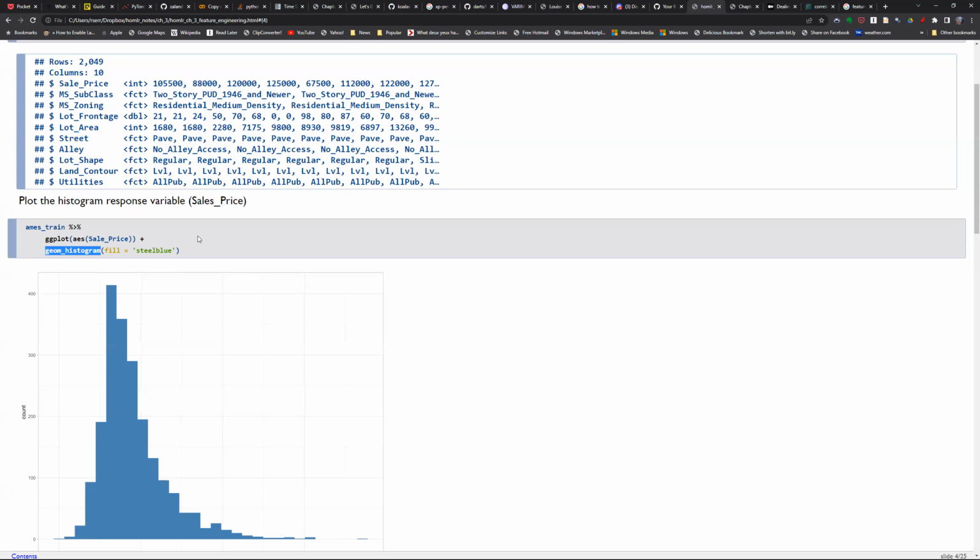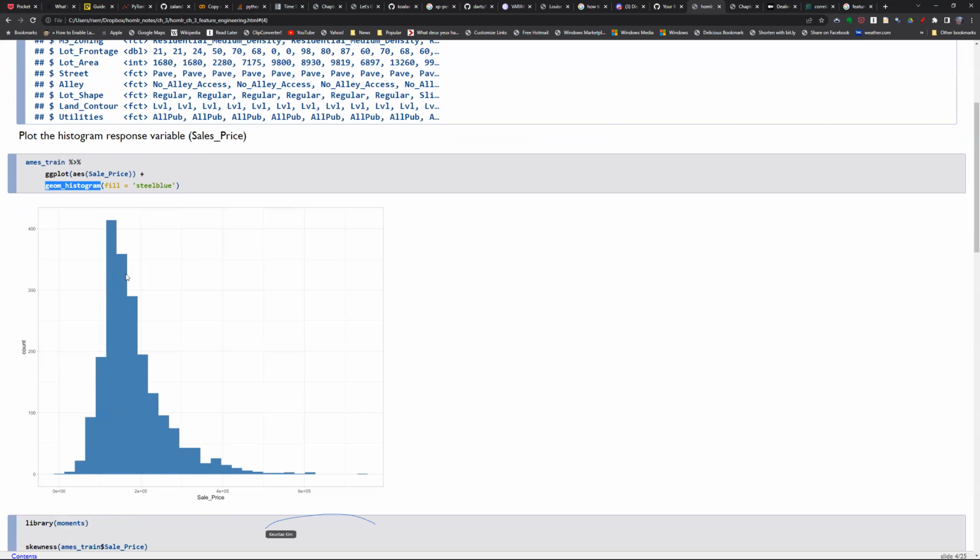So using the ggplot package, we are going to display a histogram, which is a picture of the distribution, how those values in the sale price are distributed.